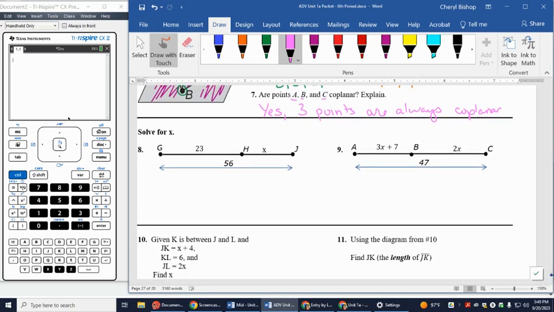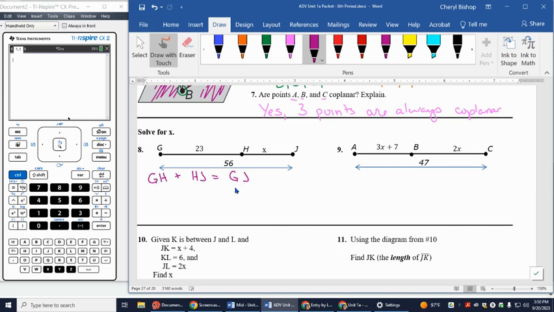All right, number 8 and 9 and 10, really, are all segment addition postulate. The segment addition postulate says that if I have a point on the segment, it doesn't tell me anywhere if it's a midpoint or not. If I have a point on the segment, then one side, GH, plus the other side, HJ, will equal the whole segment GJ.